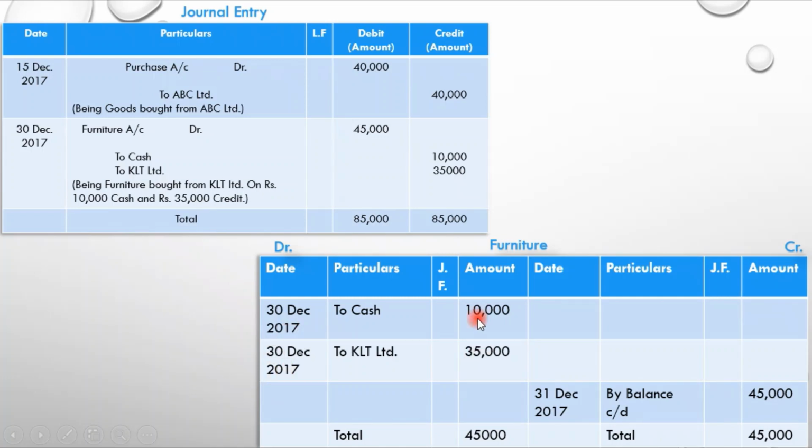Your balance amount is 10,000 and 35,000 and the total is 45,000. So we have no credit item here against furniture, so we'll close it on the 31st day of December 2017 by balance CD of 45,000.